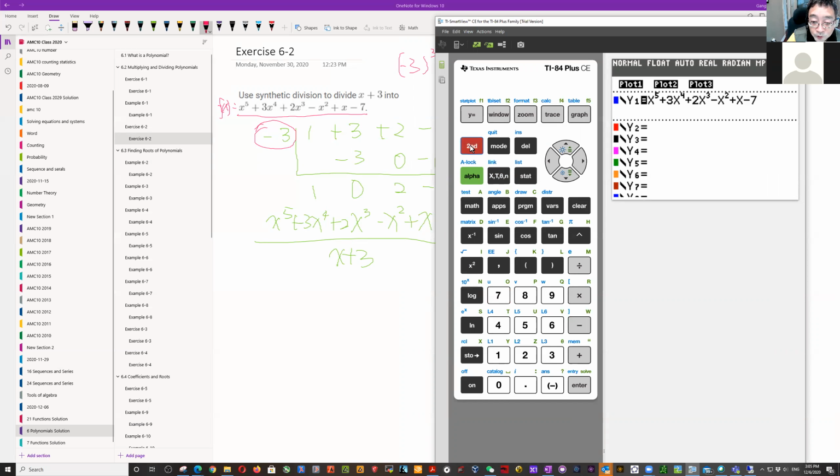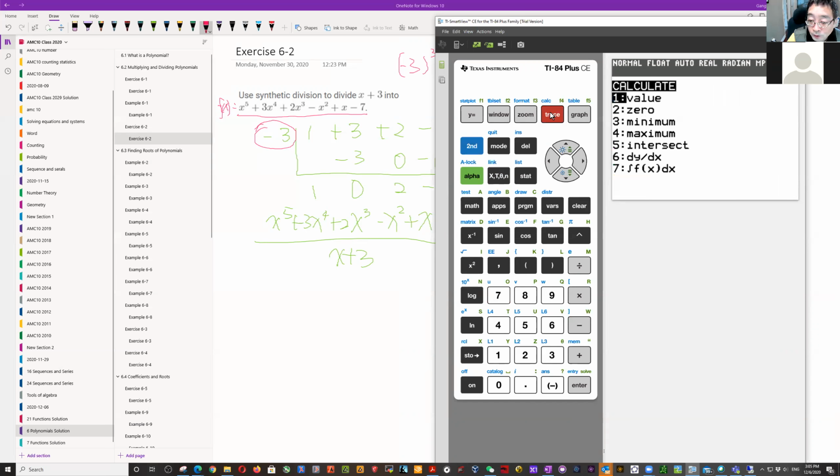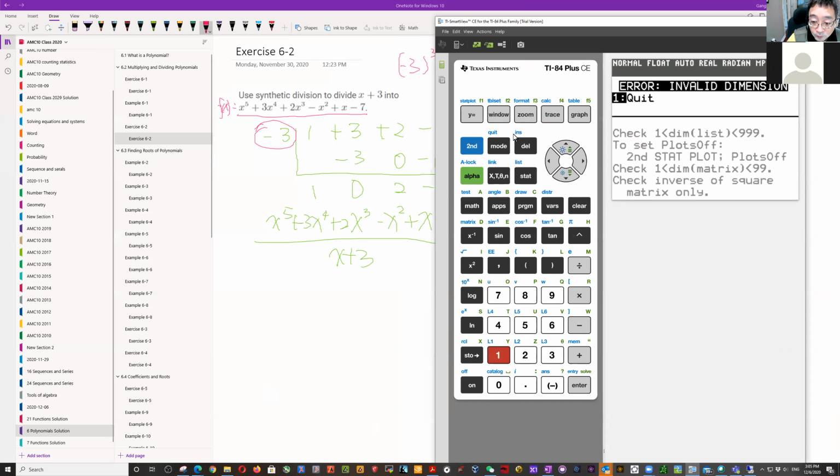We can use second calculate and then click the value. Let me clean up some statistics.